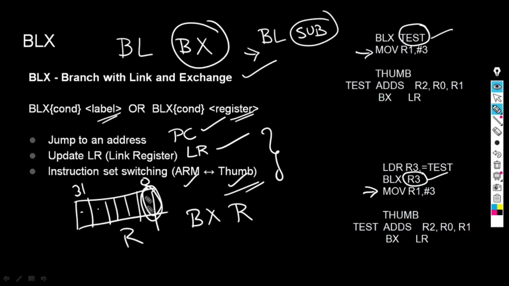That is, if the last bit of the register content was 0, then it would switch back to ARM mode. If it was 1, then it would switch back to thumb mode. The same feature is seen here.